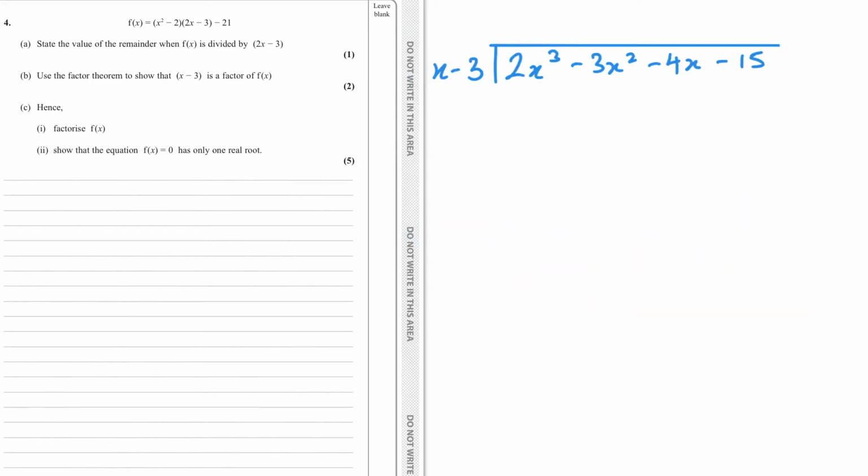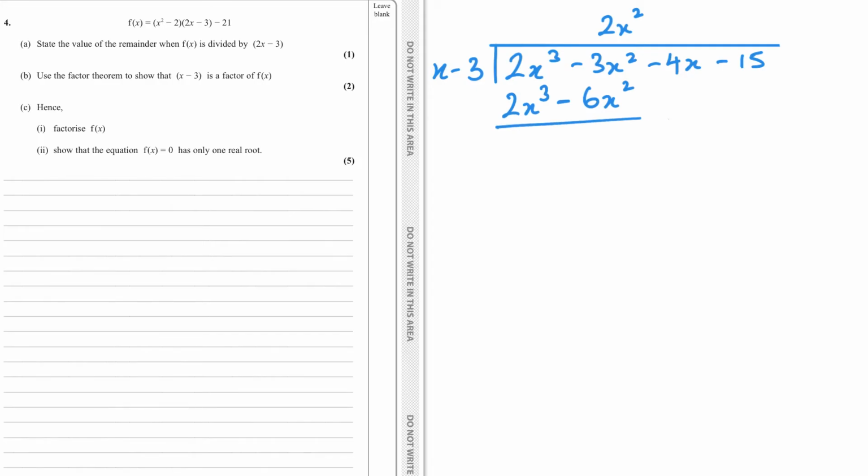So, using long division, I'm going to look at dividing this 2x cubed by x. So that would give me 2x squared. And then what I do is I take my 2x squared, multiply by x, and then multiply it by negative 3. So that's going to give me 2x cubed minus 6x squared.